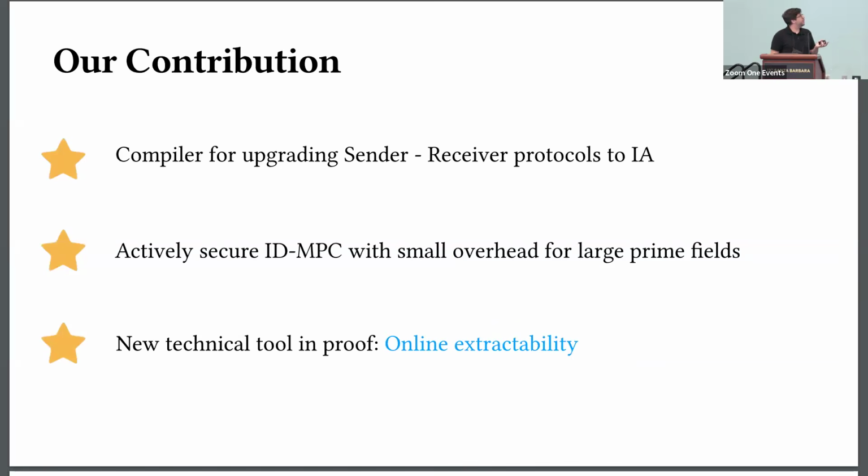Now, to allow identifiable abort in the online phase, remember how I only talked about the preprocessing phase, our main tool is our new compiler that transforms a class of sender-receiver protocols, which is when just the sender has input, the other parties do not, into one that supports cheater identification. Our compiler overcomes the limitations that the IOZ compiler had, which was only for preprocessing protocols, and it doesn't need to rely on adaptive primitives like the previous one.